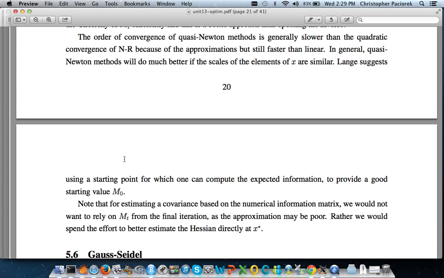The other comment I wanted to make is that even though we're approximating these Hessian second derivative matrices as we go along, if we're maximizing a likelihood, at the end of the day we're going to get to the maximum likelihood estimate.